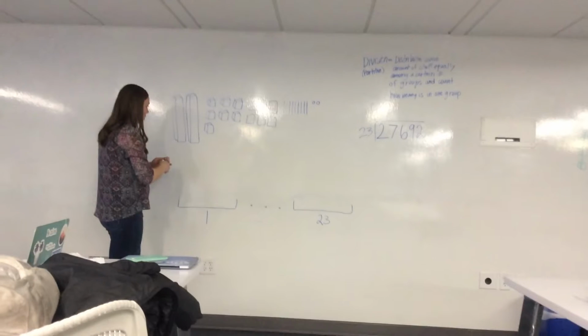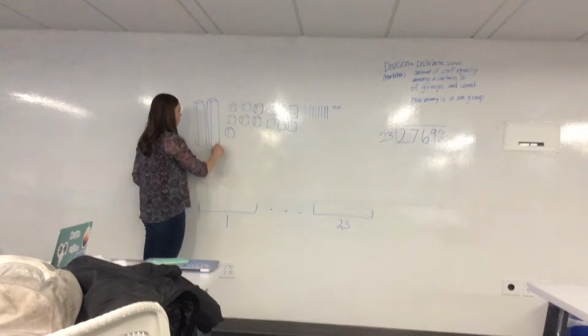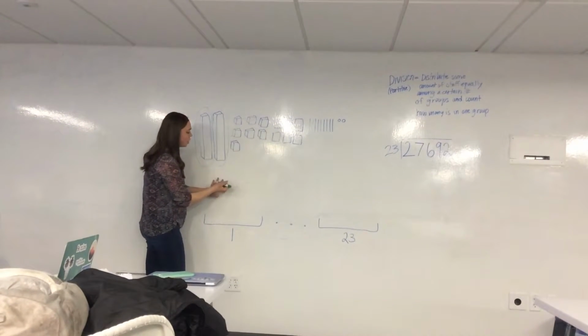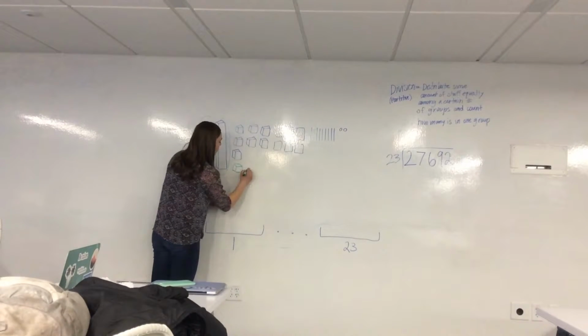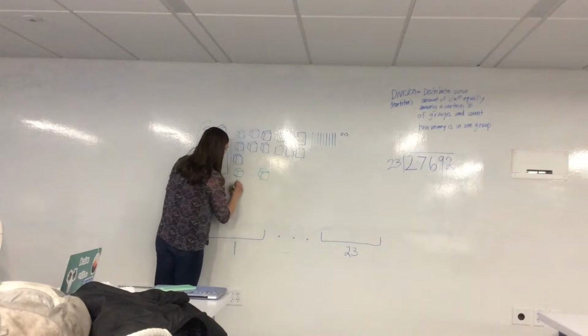So now I'm going to break down each of these super rods into 10 super cubes each. I'm just going to do that by drawing 2 super cubes, and that represents 10 of our super cubes.